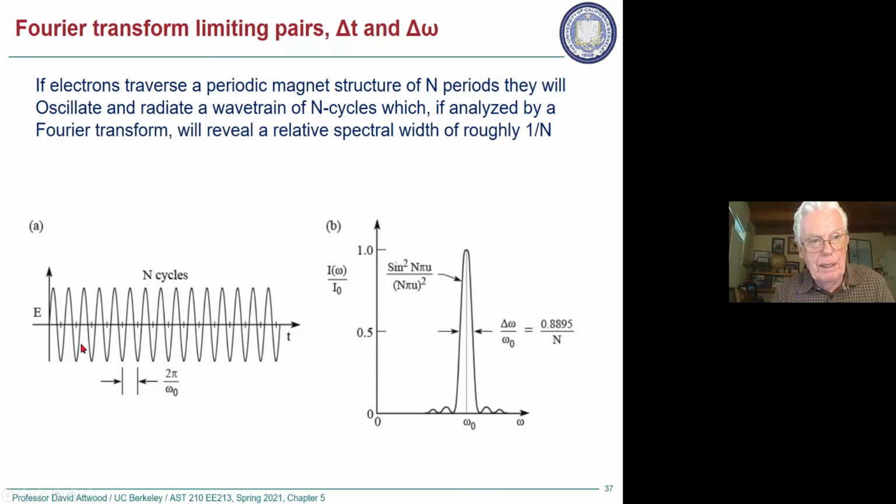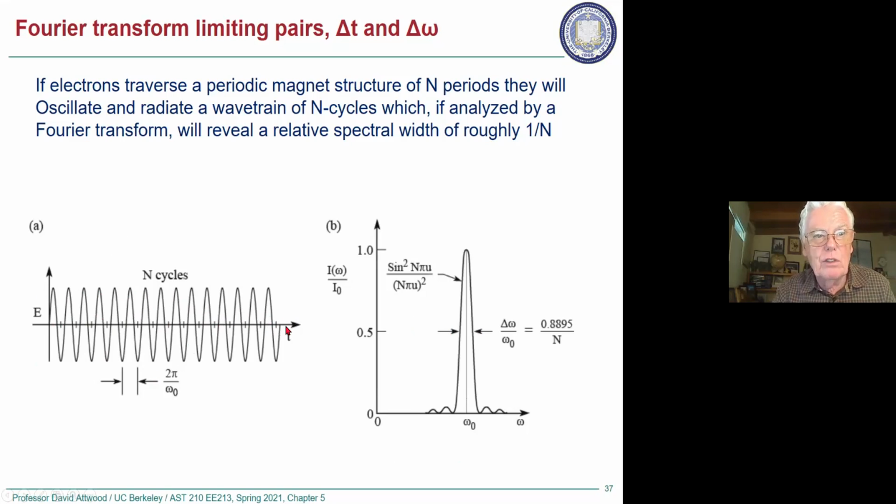This might be what the electric field would look like. And if one does a Fourier analysis of this to find out what the central frequency is, we'll get a central frequency when we do a Fourier transform, but it has a little bit of a width because there's an uncertainty given by the number of cycles. So if you have 100 cycles, you get a certain width.